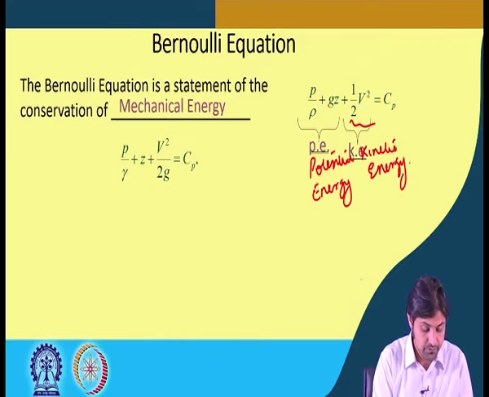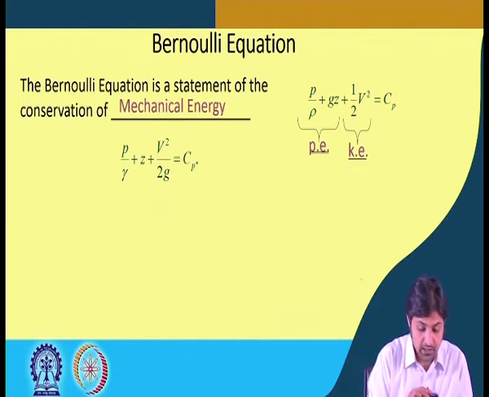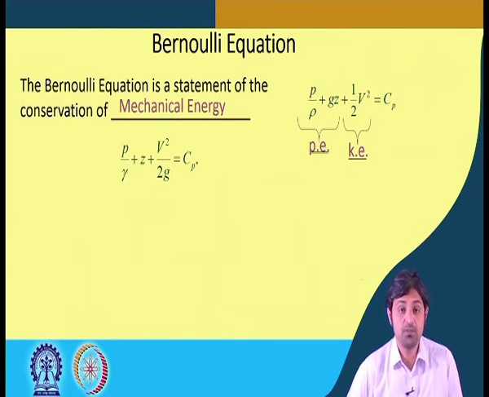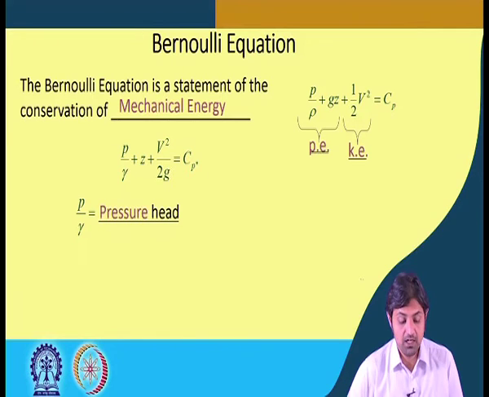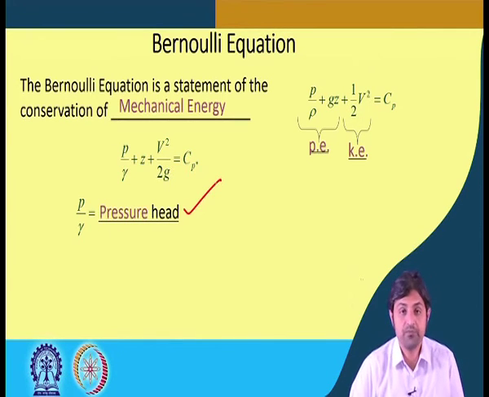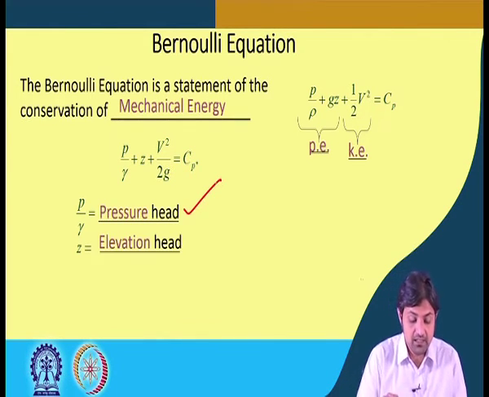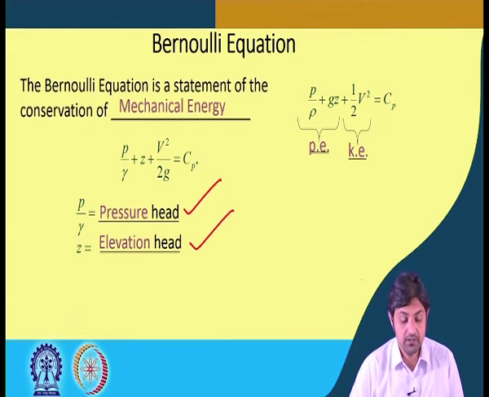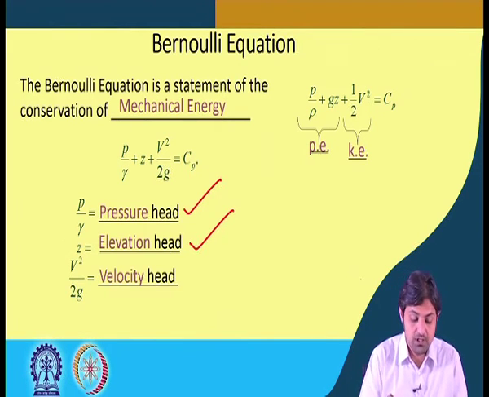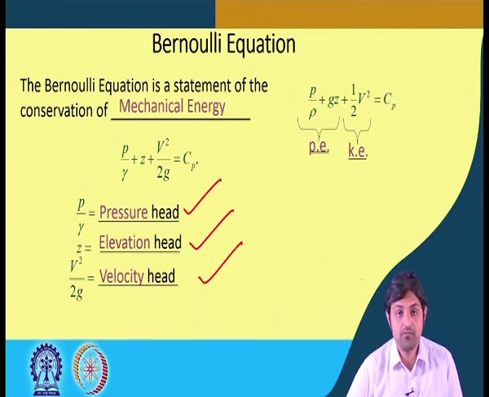Okay, so P by gamma plus Z plus V square by 2g is equal to constant, where P by gamma is the pressure head, Z is the elevation head, and V square by 2g is the velocity head. Okay, good.